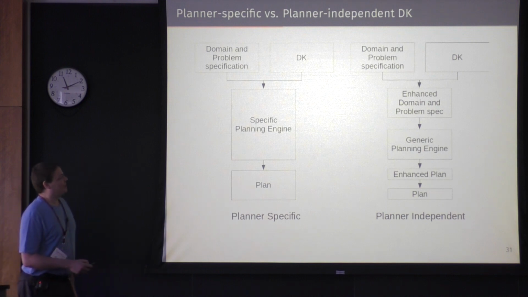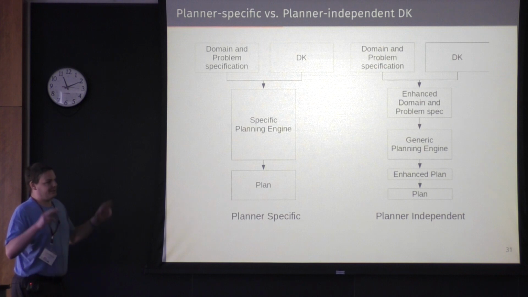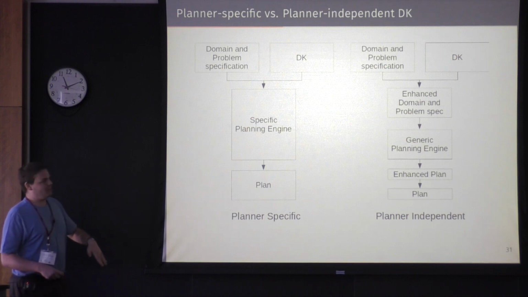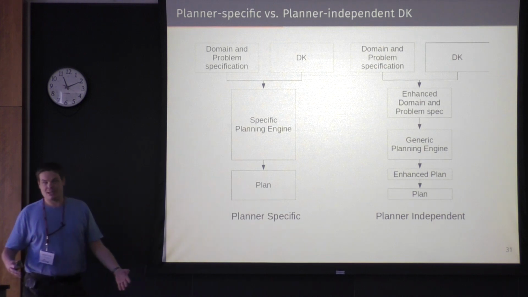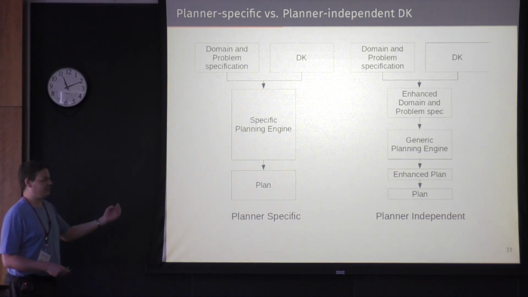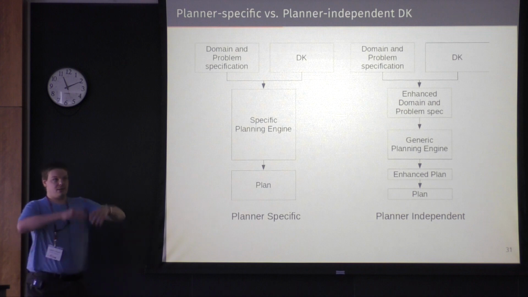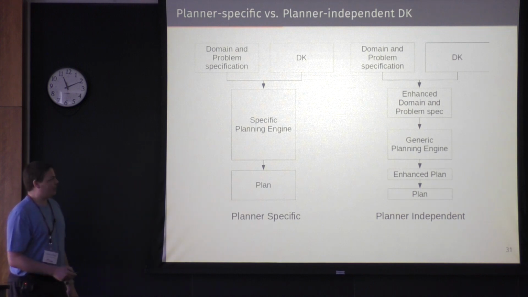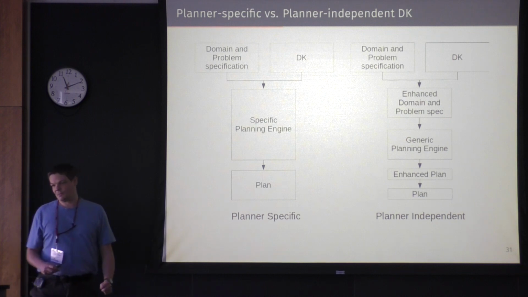It basically means that you put the raw domain model and domain knowledge, which might be specified in some language, let's say procedural domain control knowledge, together into what we call an enhanced domain model and problem specification.